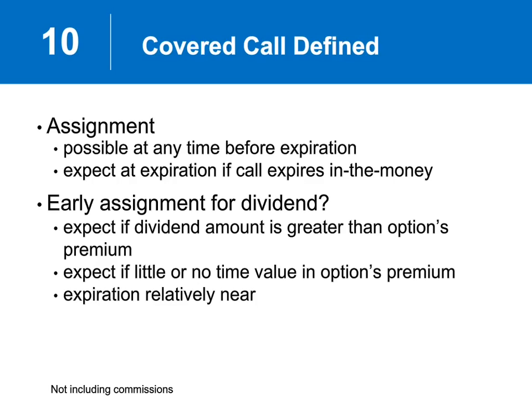In the money calls with no premium left generally will be assigned, sometimes before expiration, and then with the dividend, as mentioned, if the size of the dividend is greater than the premium of the short call, there's an awful good chance that you will be assigned.